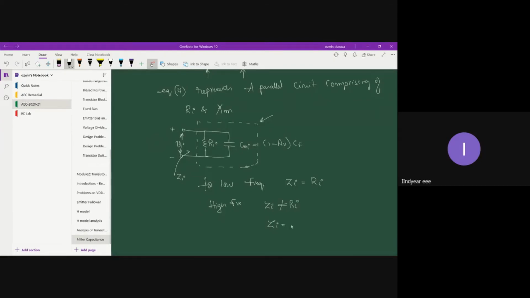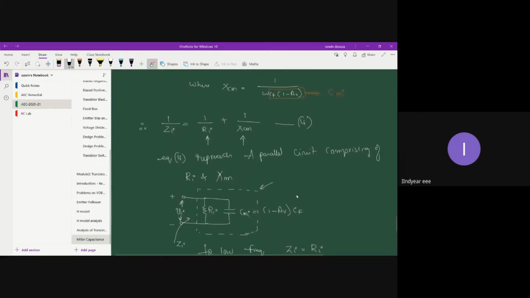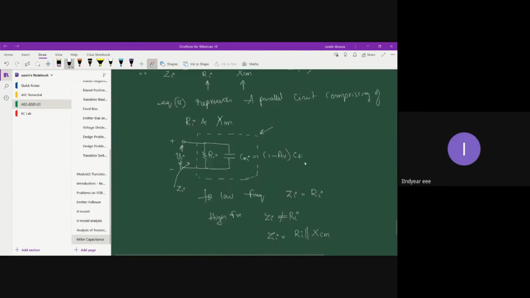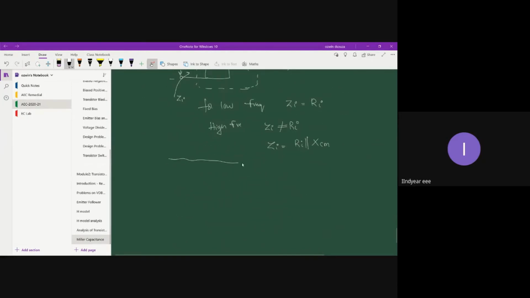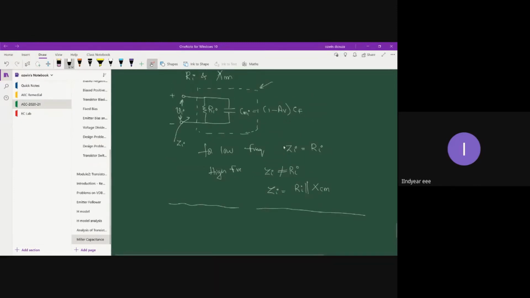Instead, Zi is basically the parallel combination of Ri and XCM, where XCM is the Miller capacitance here. So this is the effect you are supposed to observe. That's your input Miller capacitance.